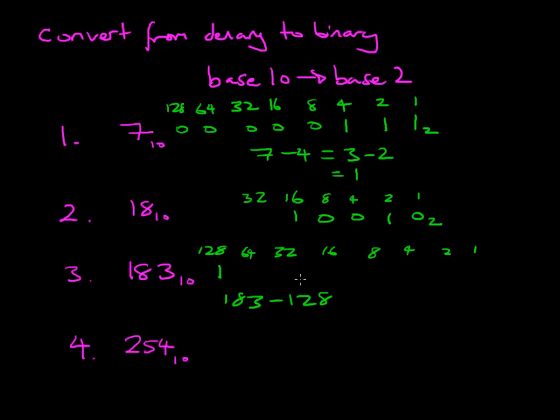So that is 55. So we're now looking, 64 is too big, it won't go into 55, so we don't need any 64s. But 32 will go into 55, so we'll have 1 32. So let's take 32 from that, and that leaves us with 23.